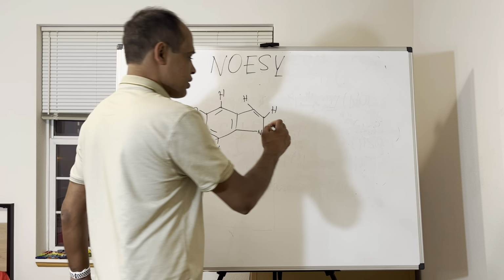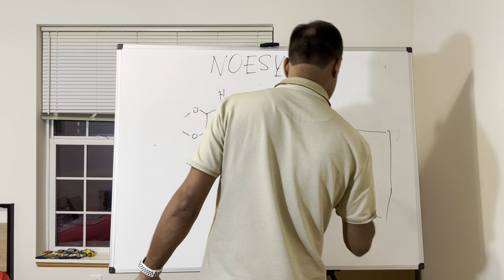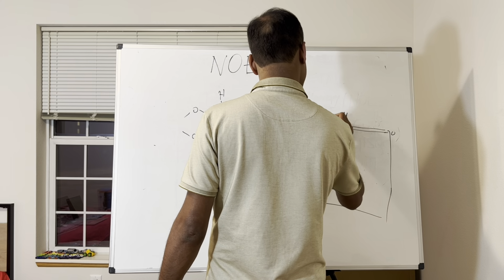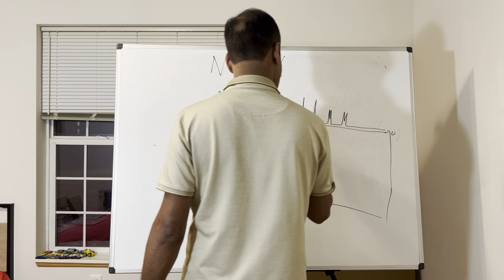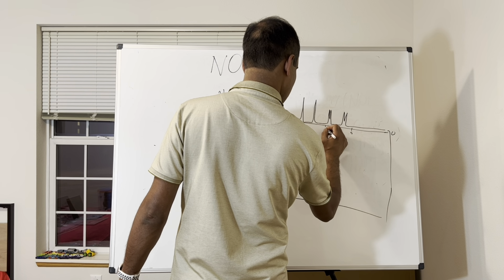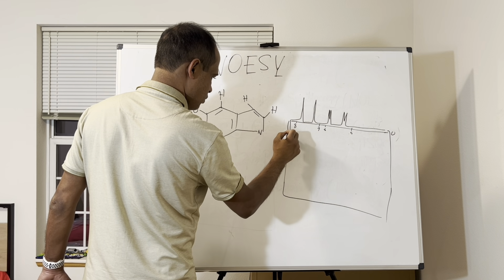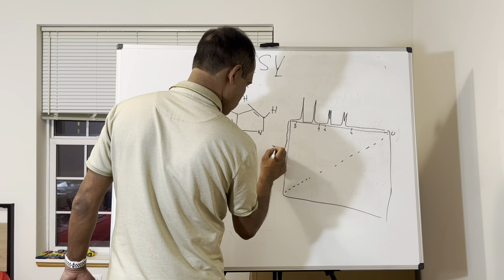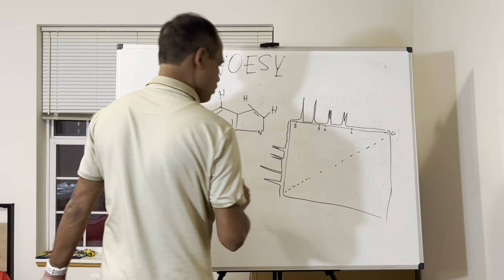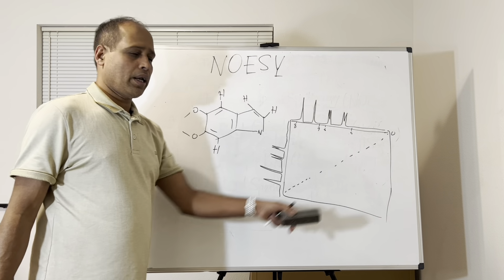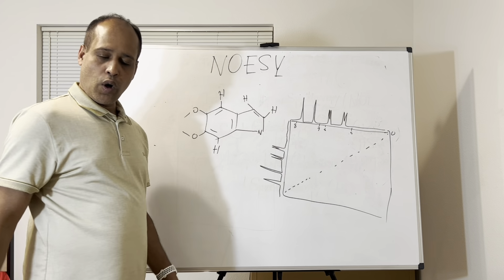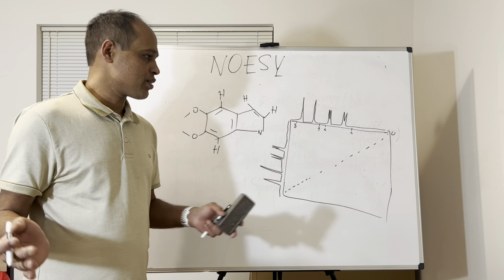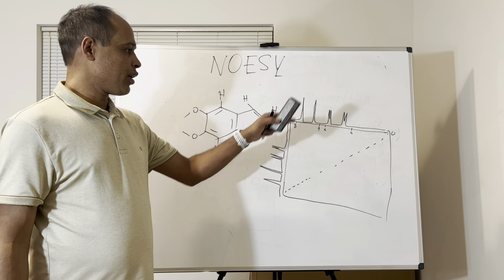Now, these 2 protons are double bonded protons, or olefinic protons. Olefinic protons normally show up above 5, so 5 to 6 or 6.5, and definitely they are neighbors of each other, so they will give you a doublet.